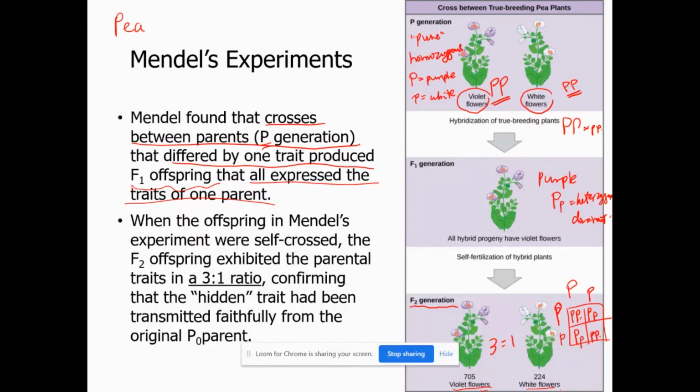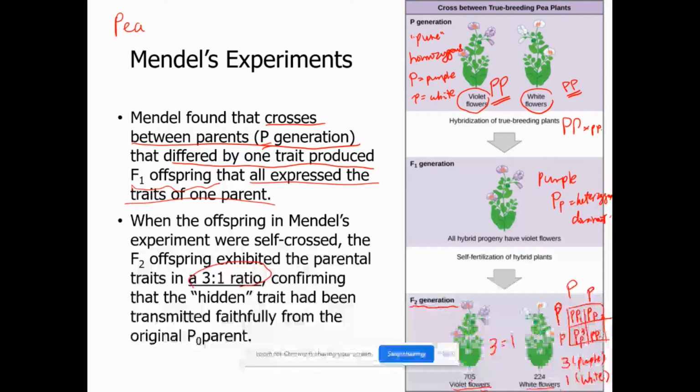So the first three squares, 1, 2, 3, those are all purple. So you have three purples, and then you have just the last square, little p little p, that's one white. So the ratio is 3-to-1 purple to white. He also noticed that there is a 3-to-1 ratio. I want to point this out because it's so important.